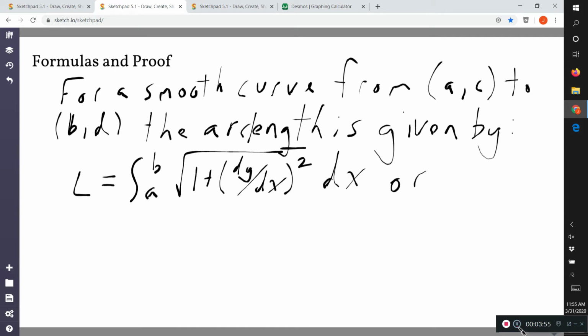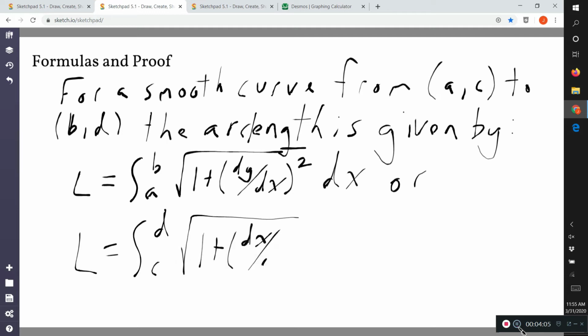or from C to D of the square root of 1 plus dx over dy, quantity squared, dy. Basically, the top one would be the one we would use if the curve we want to work with is in terms of x.